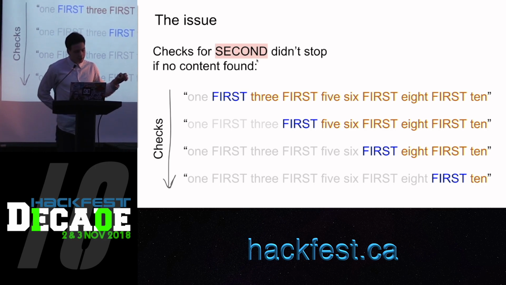It tries the second word first and searches the rest of the content. Then, after nothing was found, it tries the next, and the next, until all the words first are checked. So it should stop the check after the first check.